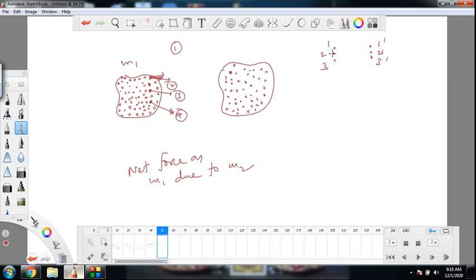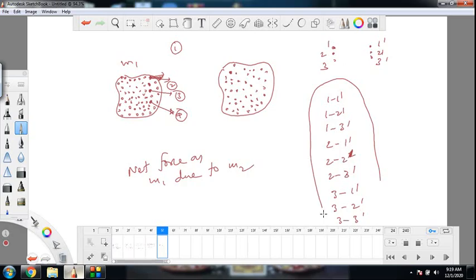So you will find the force on 1 due to 1 dash, force on 1 due to 2 dash, force on 1 due to 3 dash, force on 2 due to 1 dash, 2 due to 2 dash, and 2 due to 3 dash, and force on 3 due to 1 dash, force on 3 due to 2 dash, and force on 3 due to 3 dash. Add all these forces, that is the total force acting on the first object. So this is what you should do if it is not a point mass.